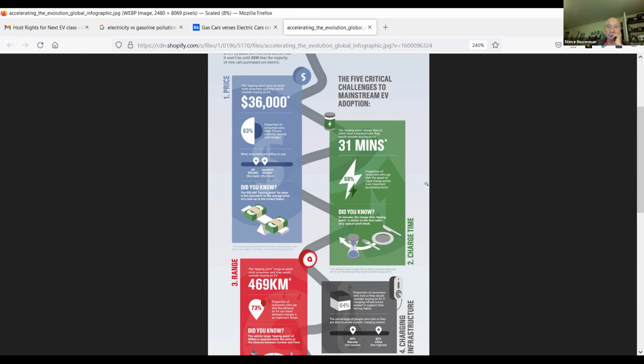Another thing that's stopping people is they want to be able to recharge really fast. The problem with this 31-minute charge time is if you have an electric vehicle with a 200-mile range, it probably has a 30+ kilowatt hour battery pack. Now it's running 30 kilowatts for an hour.